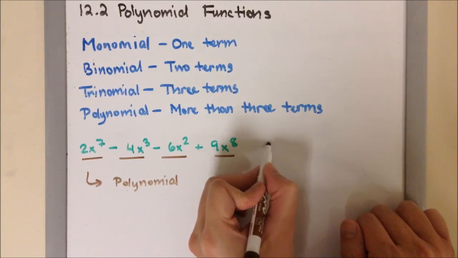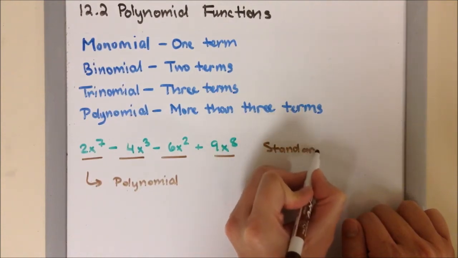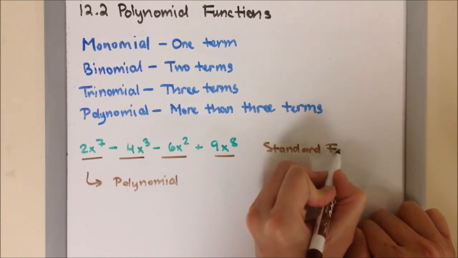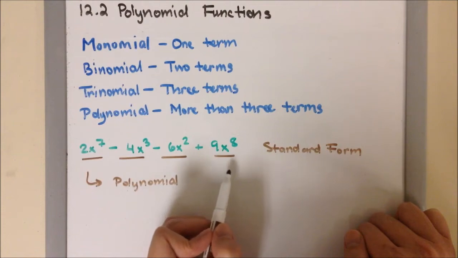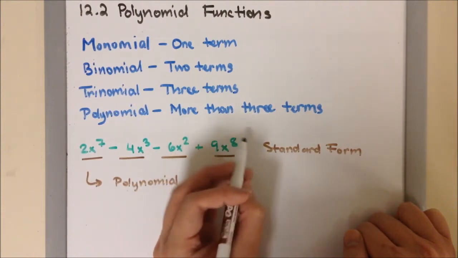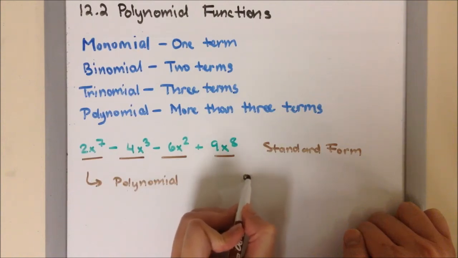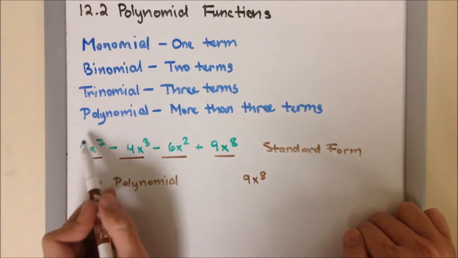And if you were asked to rewrite in standard form, we're going to start with the term that has the highest exponent, which is the eighth power. So I'm going to write a positive 9x to the eighth power. What comes next is the second highest, which is the seventh power.